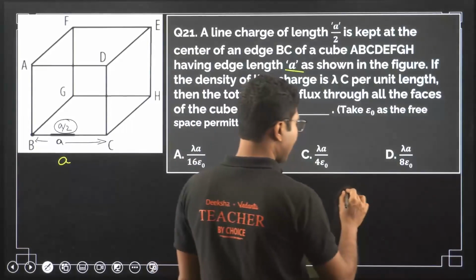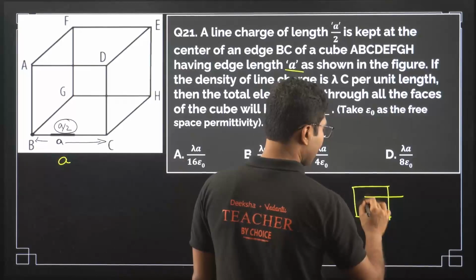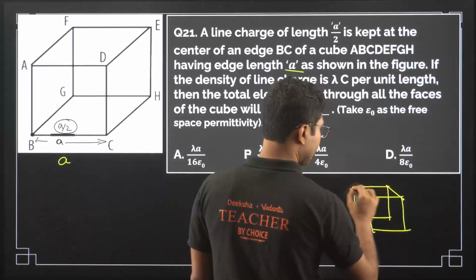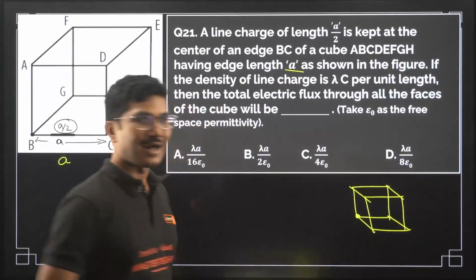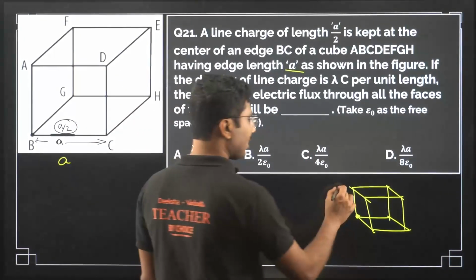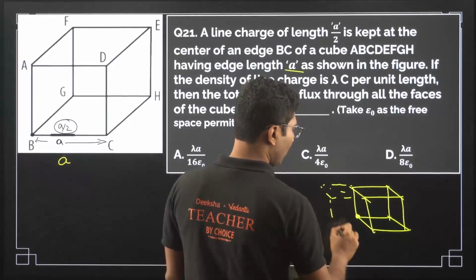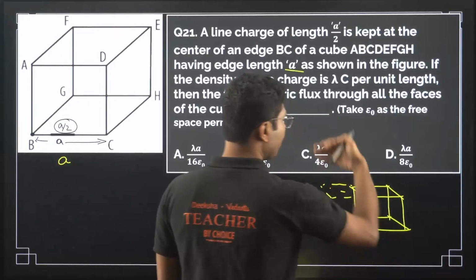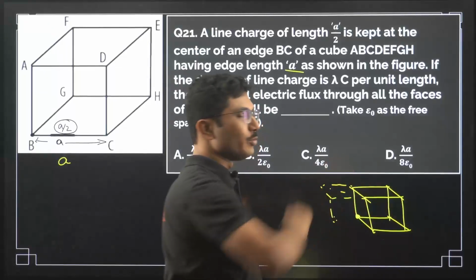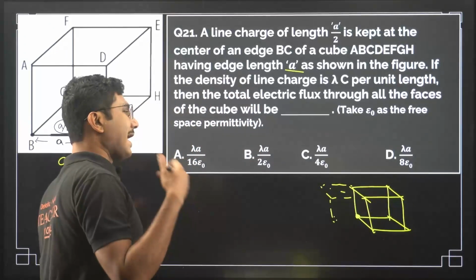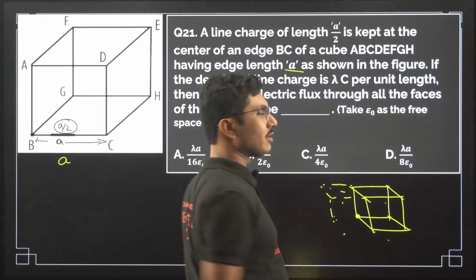Instead of having one simple cube, to solve it we have to construct a larger cube. For that we constructed one cube over here, one cube below, one cube in the backward side, one cube on this side, so the total number of cubes is 8: 1 2 3 4, and behind also 1 2 3 4.